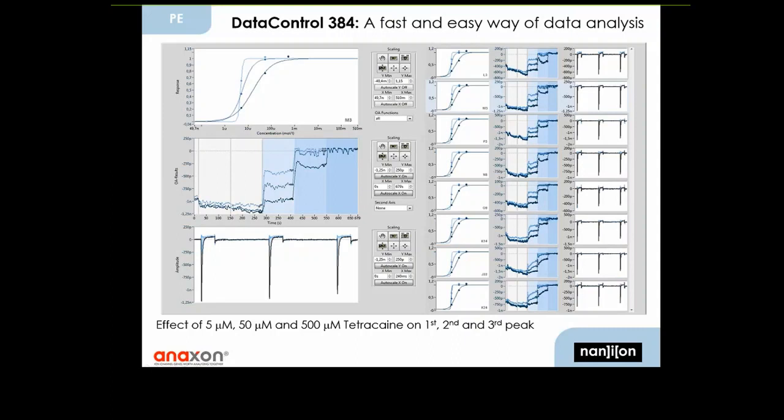And on the top, you can see 3 different dose response curves from one cell, as we have recorded 3 different peaks. In this case, we have done a cumulative assay where we applied different concentrations on the same cell. And here on the right side, just some more examples of the same recording.